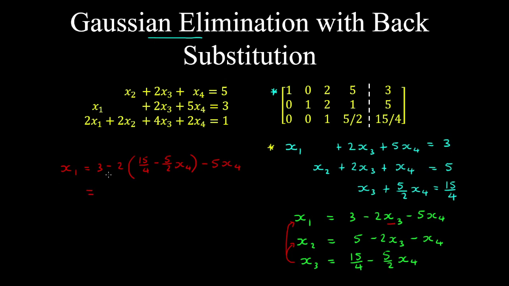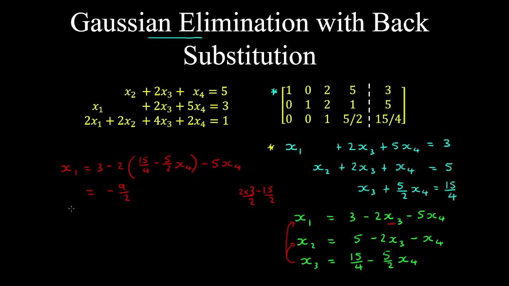So we can see that this simplifies to 3 minus 2 by 15/4, which is 3 minus 15/2, and 3 is 6/2. So what we get is minus 9/2, and then we have plus 5x4 minus 5x4 is 0. So we solved for x1.